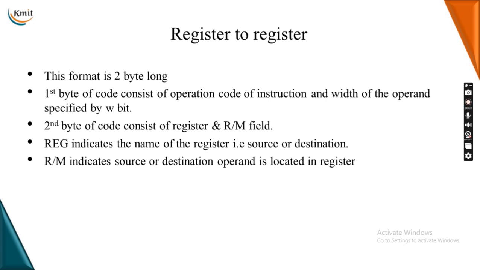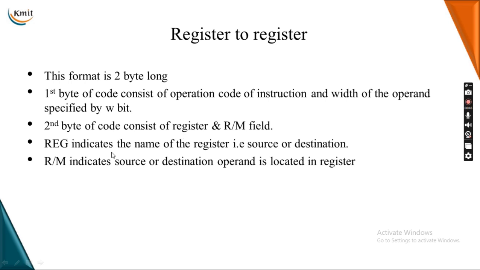The first byte of code consists of the opcode of the instruction and the width of the operand by the W bit. The second byte of code consists of the register and the register or memory field, the R/M field.